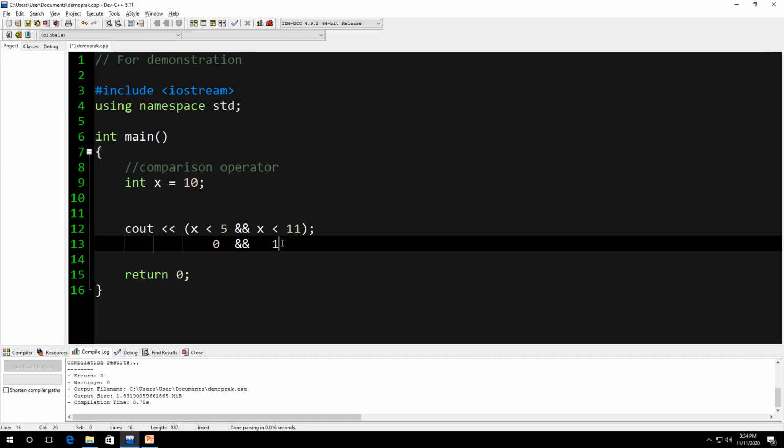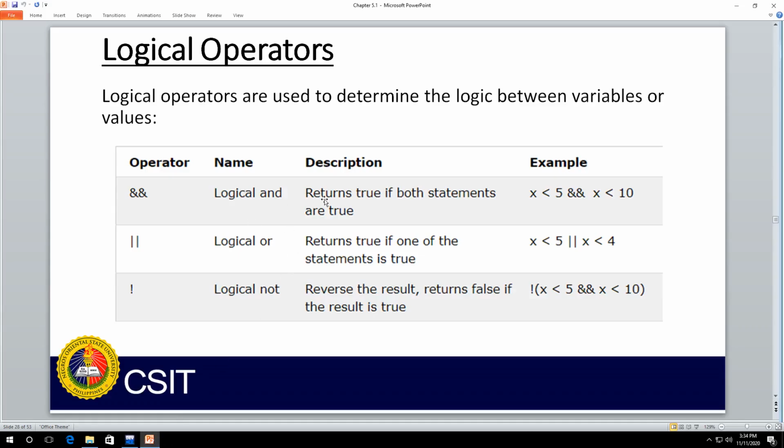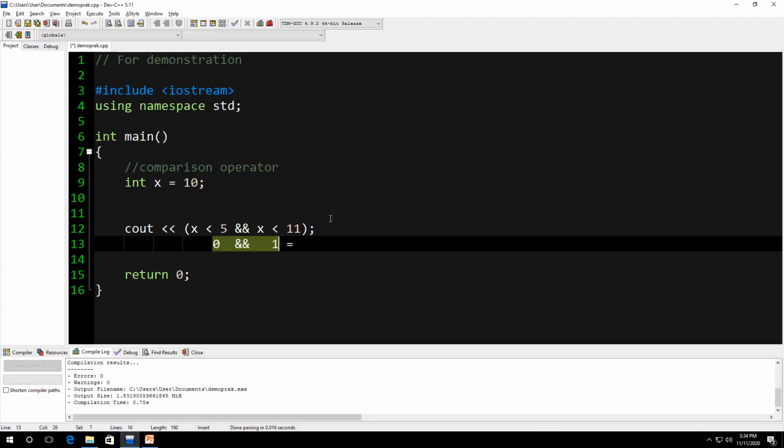But it is 0 and 1. And the description of logical AND is that it returns true if both statements are true. Are both statements true? No, this one is false, so it will give you the same false value.